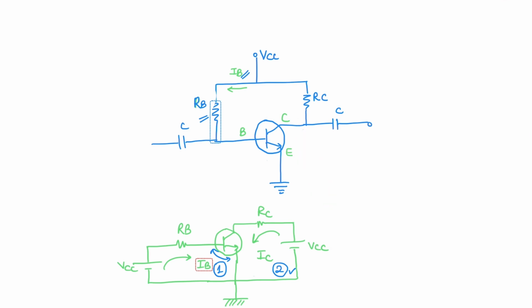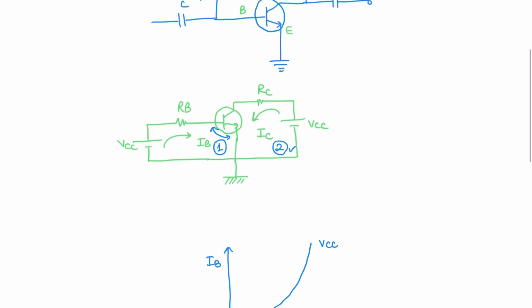In this configuration we can see the equivalent circuit, and here we have the source voltage VCC, the current IB, the resistance RB, and the base, collector, emitter. The emitter is grounded, and we have a resistance across the collector as well.